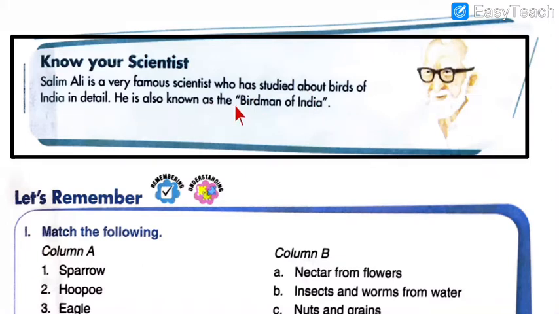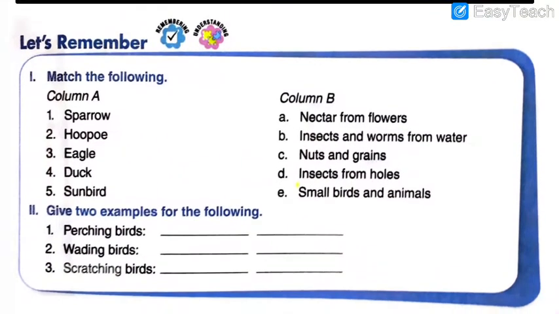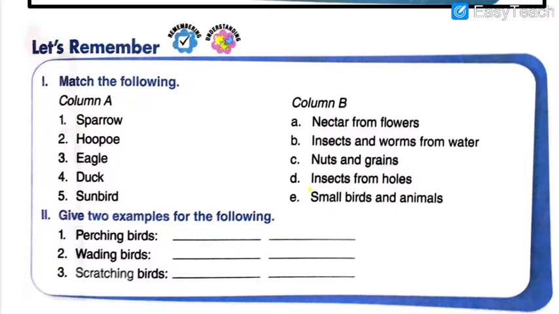He is therefore also known as the Birdman of India. You can also keep this in your mind, as you could be asked in general knowledge, who is the Birdman of India? Salim Ali, because he had read a lot about Indian birds, researched them, and had a whole lot of knowledge about them.